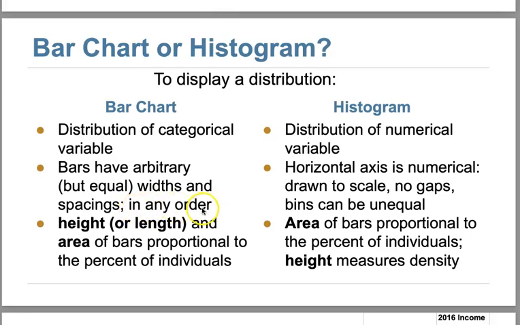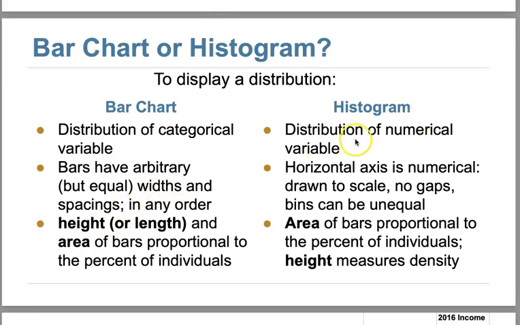You can remove the order. The height or the area of the bar is proportional to the percent of the individuals. The height and area both can represent the percentage for the interval because they have the same width.